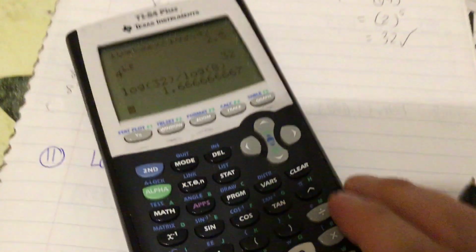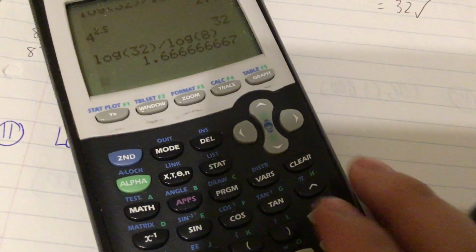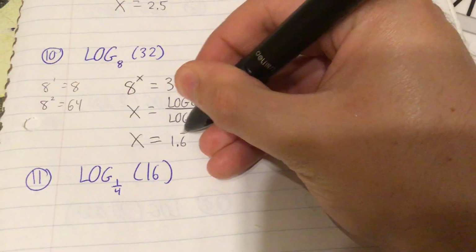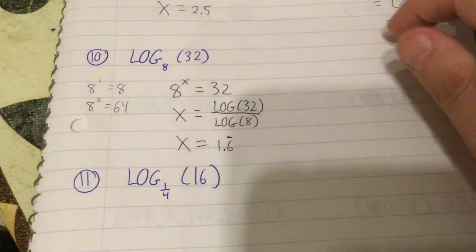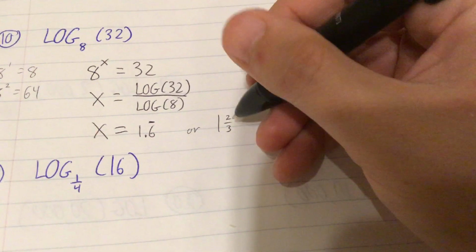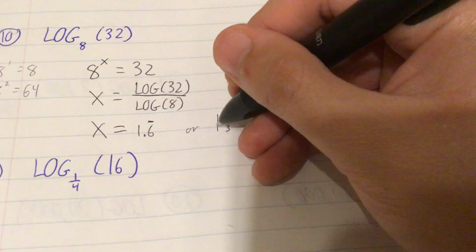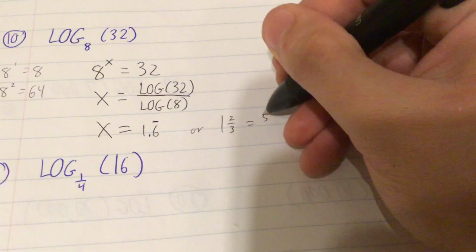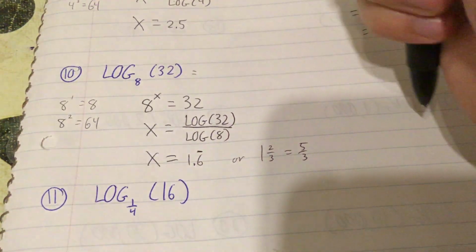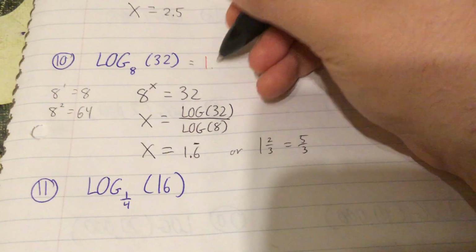Log of 32 divided by the log of 8 is 1.66666666666, just to show you. So it's 1.6 repeating, or 1 2/3, and if you want to be fancy with that, 3 times 1 is 3 plus 2, or 5/3. So I'm okay with you guys writing it as 1.6 repeating.